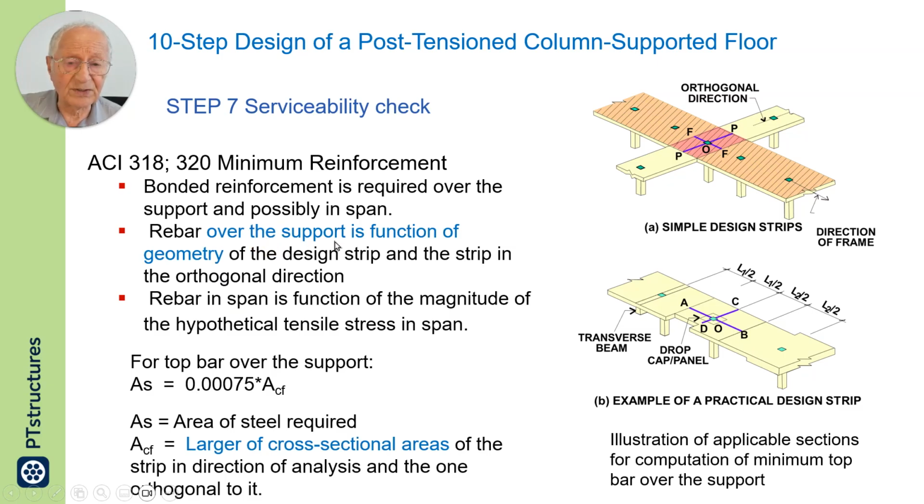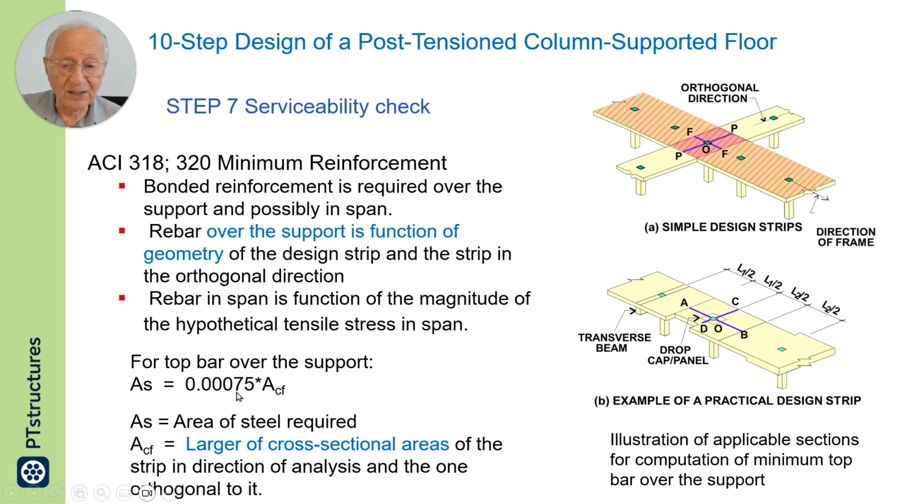The rebar over the support is a function of geometry of the design strip and the design strip in the orthogonal direction. It is a function of this design strip and the design strip normal to it. And it depends on the cross-sectional area here and here. Using this formula, the reinforcement required is this fraction times the cross-sectional area of the design section.